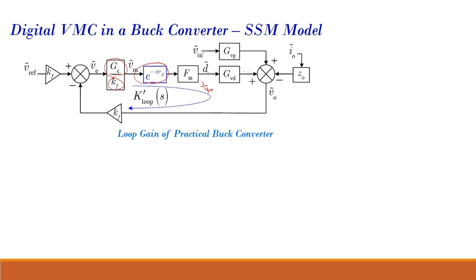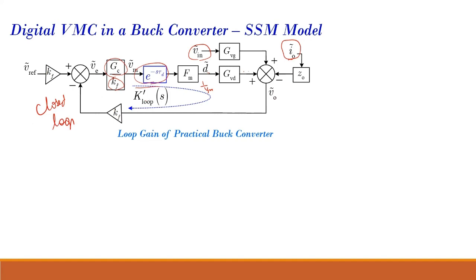Your output voltage perturbation is the sum of this duty ratio input plus these disturbances: changes in your input voltage and changes in your output current, the load current. All these will affect how much your output voltage will change, and that is again being fed back by the loop. This is your closed loop. And this is your loop gain.